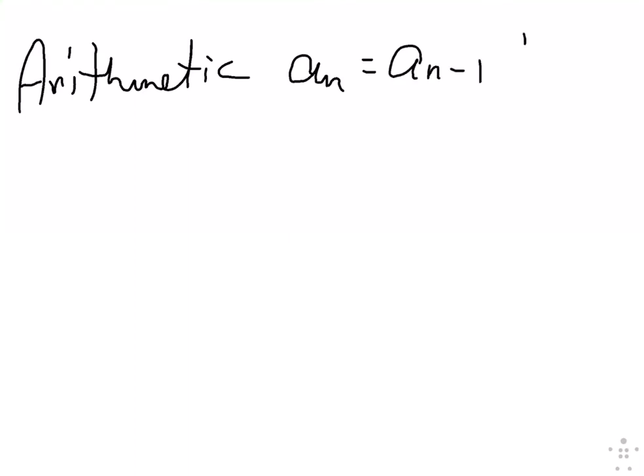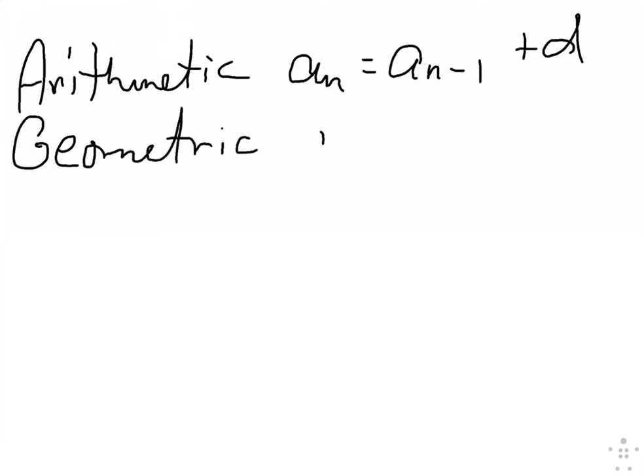If it's arithmetic, it's a sub n equals a sub n minus 1 plus d. If it's geometric, it's a sub n equals a sub n minus 1 times r. Those are the 2 formulas I gave you for writing recursive.